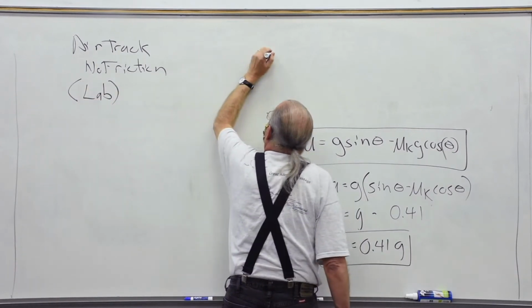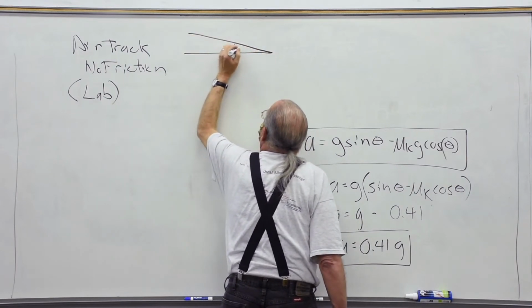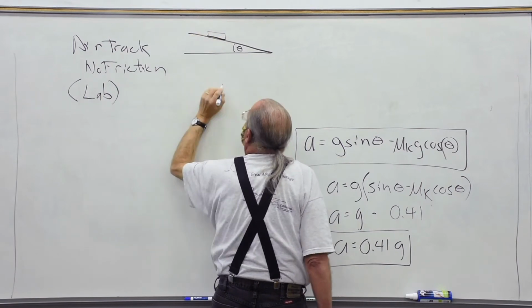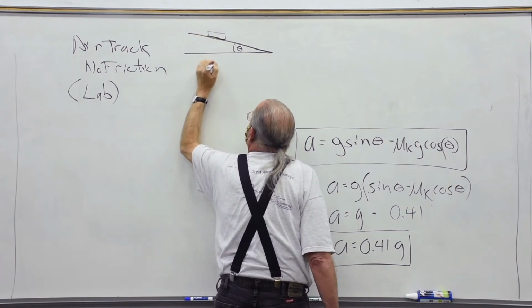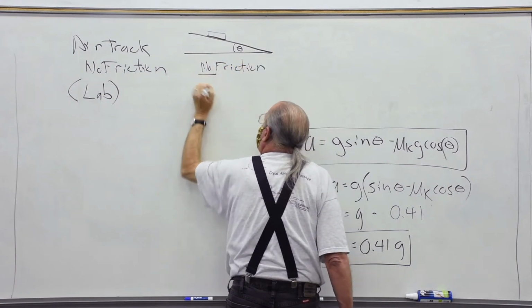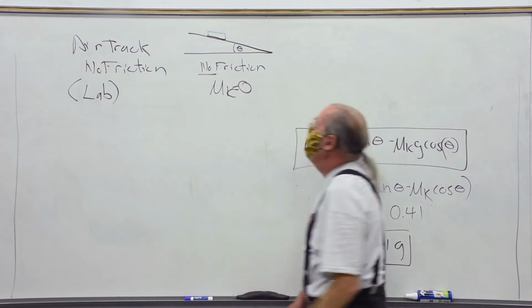And the situation here was exactly the same. Here's our air track, but no friction, which means that mu sub k is 0.